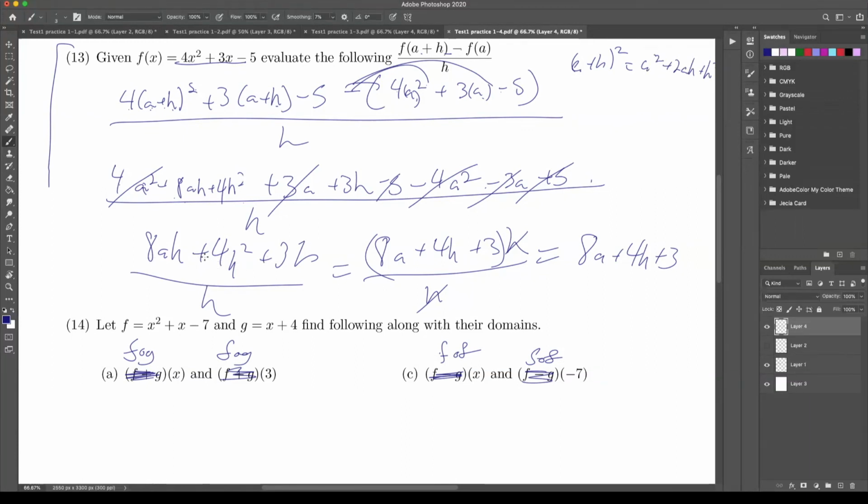Factor out an h. So I'll pull out an h here, here, and here. If I pull out an h here, I'll get 8a. If I pull out an h here, I'll get 4h. And if I pull out an h here, I'll just get 3. And we have the h out, and then this h cancels this h. And I'm left with 8a plus 4h plus 3. All right. You'll do more practice on your own.